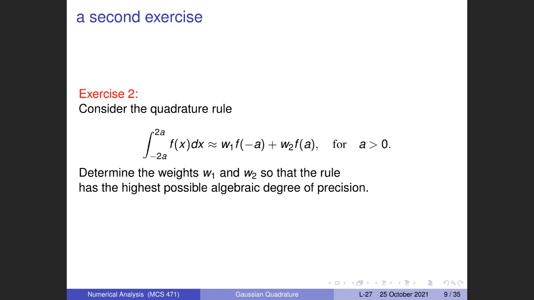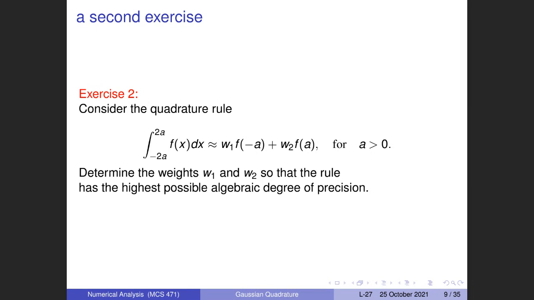So here is another quadrature rule, framed now with A instead of H, and you have only 2 weights, and we have specified where we're going to evaluate our points, minus A and A. So the expected degree of precision will be 1. We will expect that every linear function is integrated correctly. Although here, for solving that exercise correctly, you also should check the quadratics.